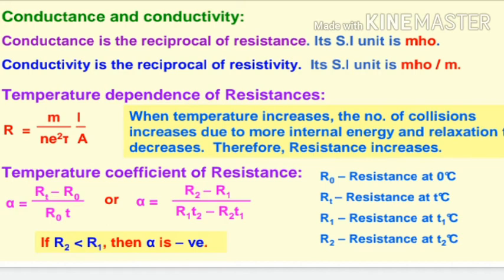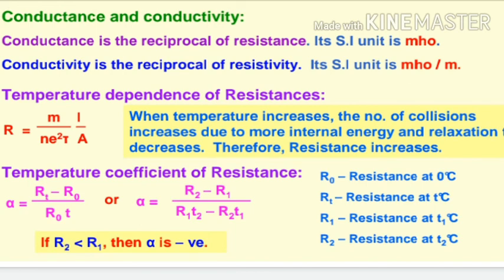Okay, now the temperature coefficient of resistance. Suppose the temperature coefficient of the conductor is alpha, then alpha can be defined as the resistance at temperature T minus the resistance at temperature 0, divided by the resistance at 0 multiplied by the temperature difference. So alpha also can be expressed as R2 minus R1 divided by R1 T2 minus R2 T1.